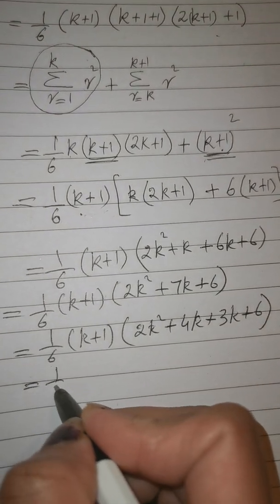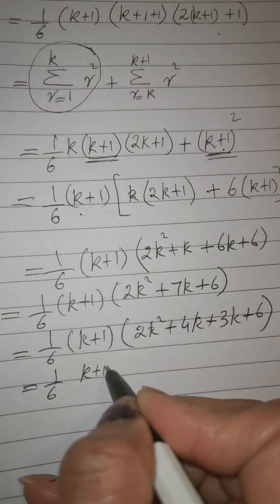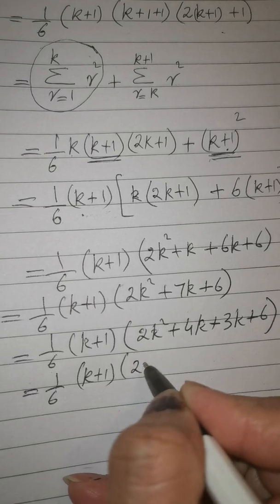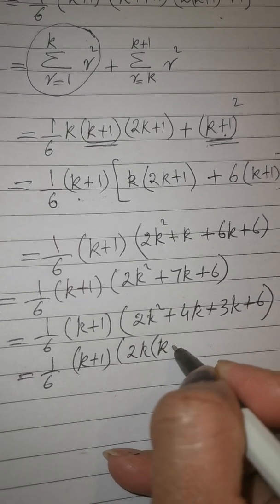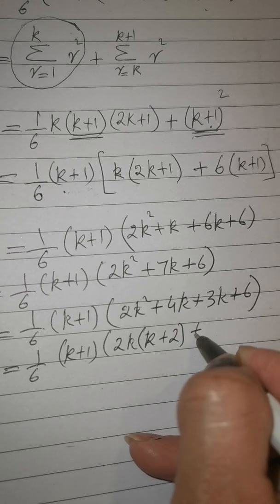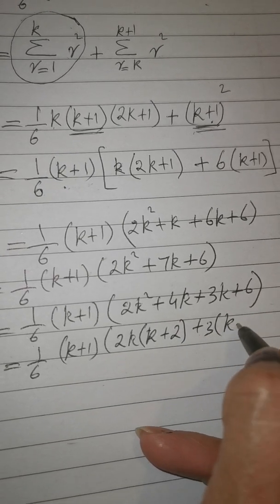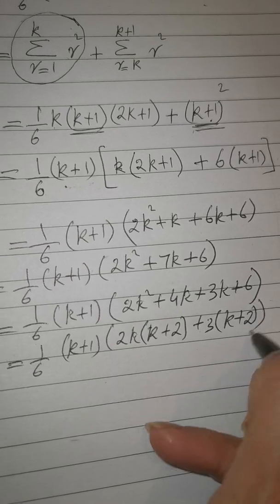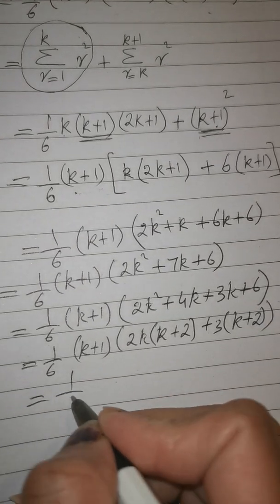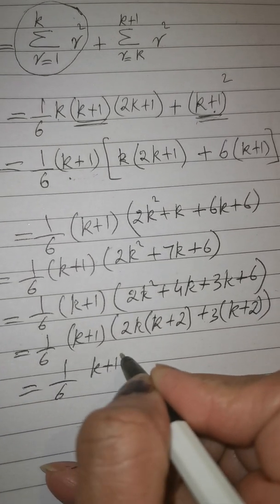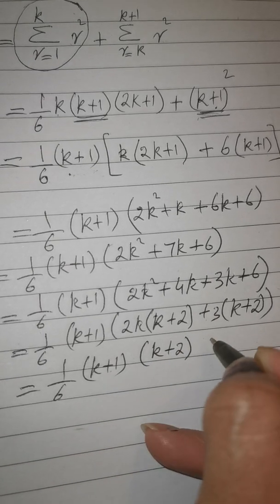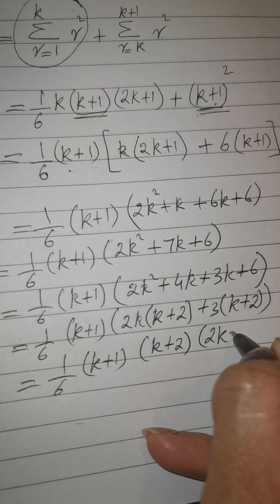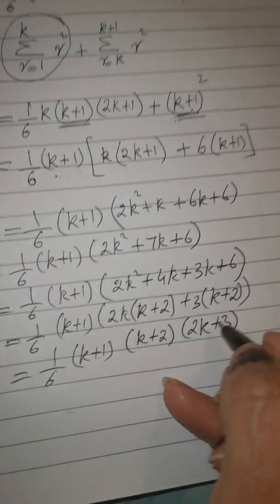Taking 2k as common I have left k plus 2, and taking 3 as common I have left 3, k plus 2. So 1 by 6 k plus 1, and k plus 2 is common further and I have left 2k plus 3 here.